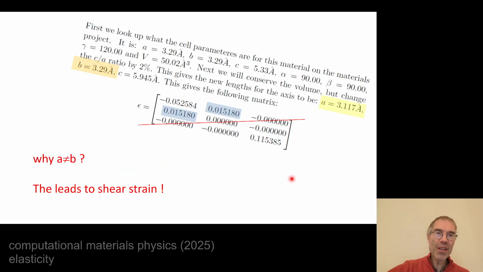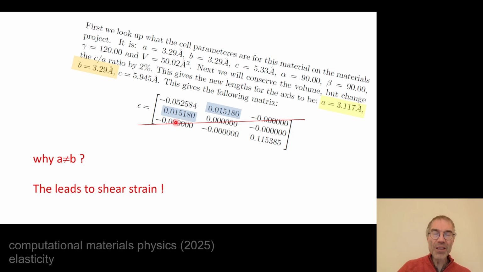And in this example, what was the problem here? Somehow, and the details of the calculation are not given, you end up here with an A and B in the deformed crystal that are different. And that's why you then also get off-diagonal components in the strain tensor.